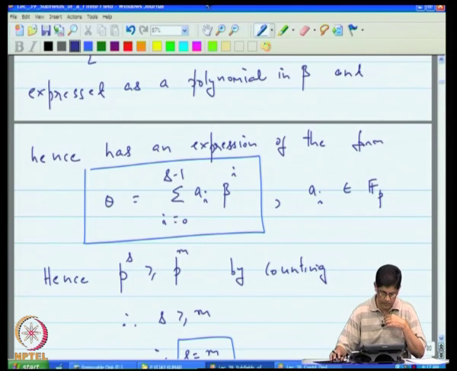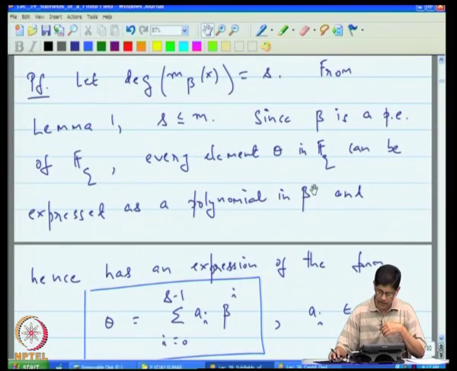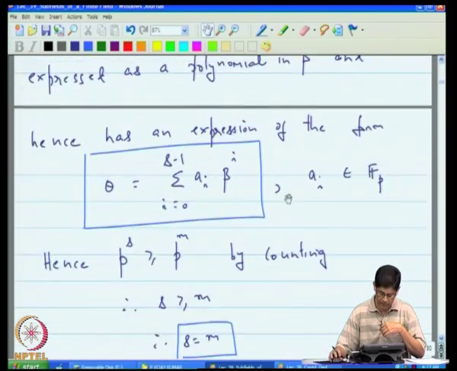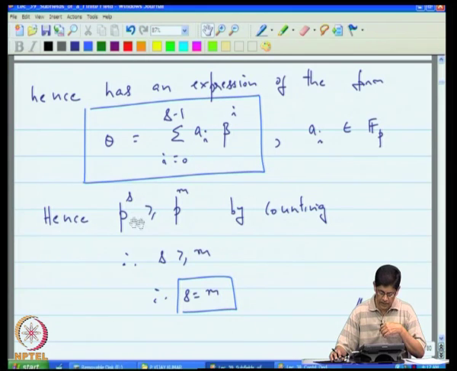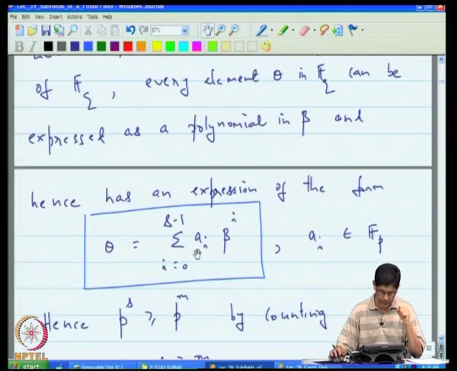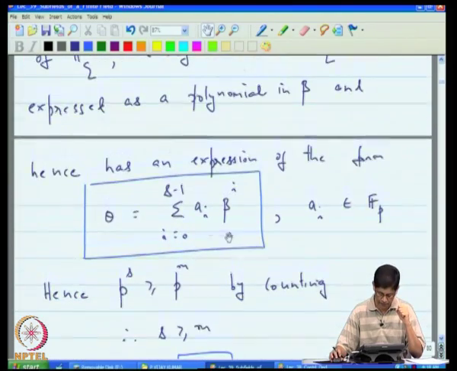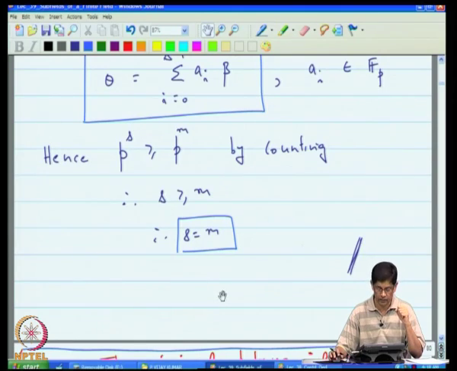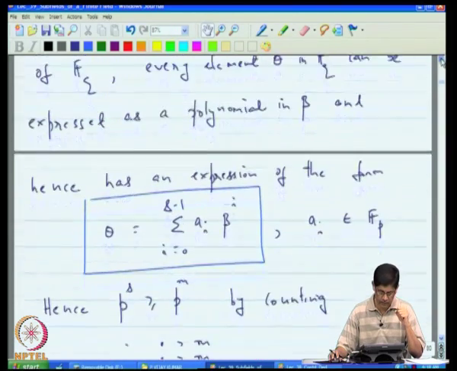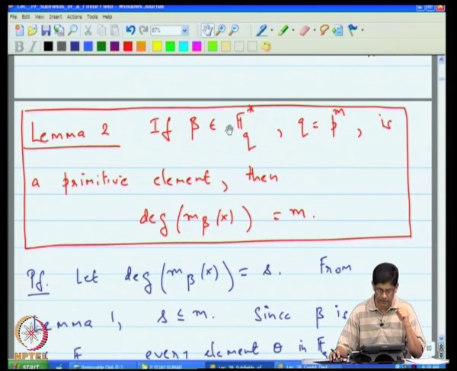So the total number of elements of this form is p to the s, but since every element theta in the field can be expressed like this, p to the s must be greater than or equal to p to the m, just by counting, and from that it follows that s is greater than or equal to m. But we just went through proving that s is less than or equal to m. Combining the two, we find that s is equal to m. So again the result is easy to remember. If you are dealing with a primitive element in the finite field, its minimal polynomial has degree m, where m is the so called exponent in the size of the finite field.